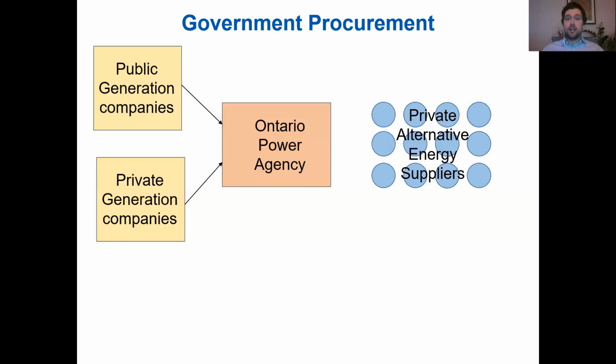So the government, Ontario Power Agency, also purchases energy from those private alternative energy suppliers. So all in all, they collect all energy generated and then they send it further to the market through the transmission network that is at their disposal, that is their responsibility, and that they pay for the maintenance.